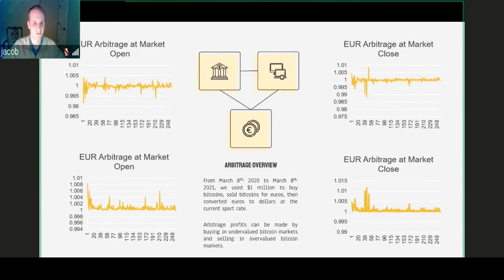With a fiat currency like the dollar, the central bank can hold the currency at a specified level. But with a cryptocurrency, there's no central bank. No one is holding that at a specific level. In that instance, it kind of acts like a stock, like Jackson was speaking of earlier.